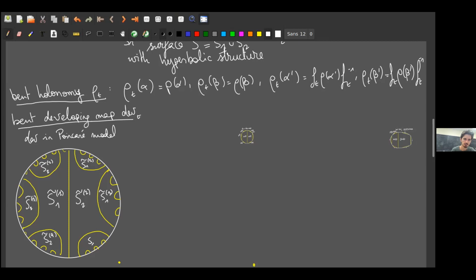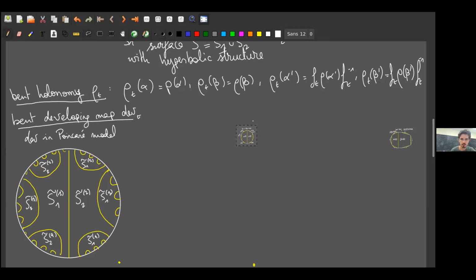Etc. Okay, and each time we have a copy of S1 tilde or S2 tilde, there are many other copies adjacent to it. So this is in the Poincaré model.